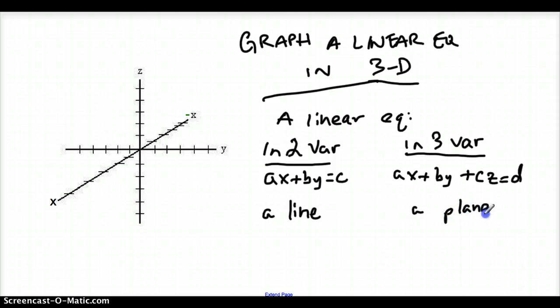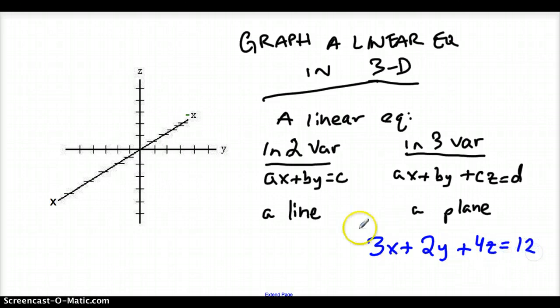Even though it says linear equation in three variables, the graph is a plane. And this is how you go about doing it. So let's say we have the equation 3x plus 2y plus 4z equals 12.